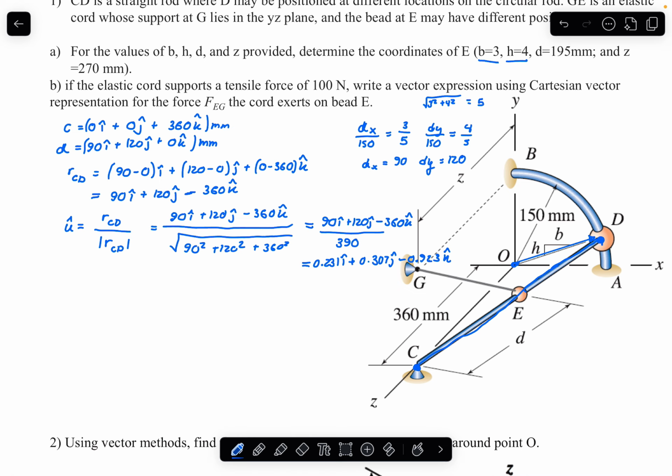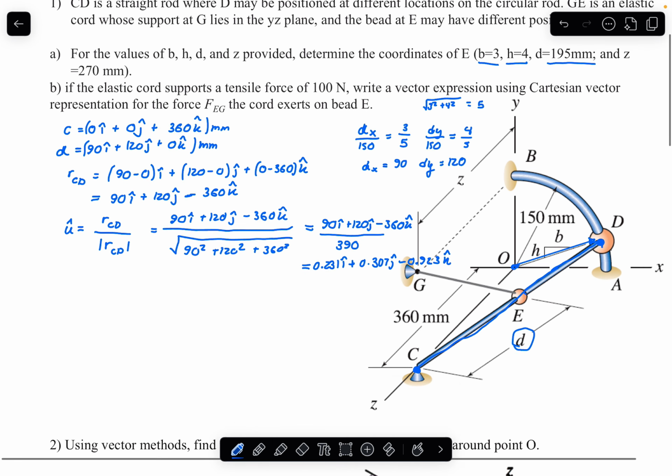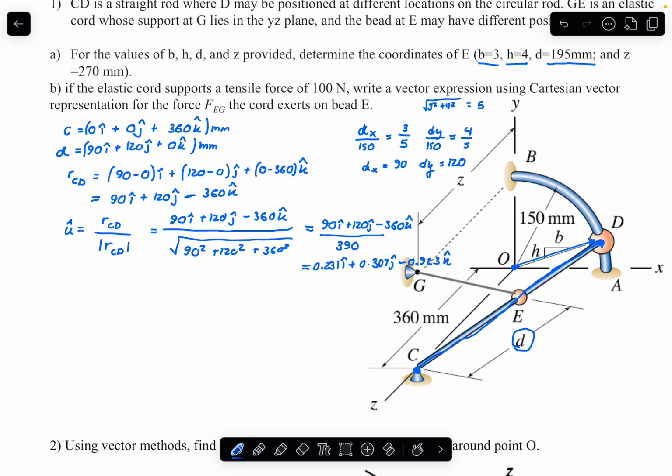We can figure out what E is by doing the magnitude from C to E, which we know is given 195 millimeters, and that will give us RCE. So when you have RCE, you're just going to do 195 multiplied by the unit vector itself.